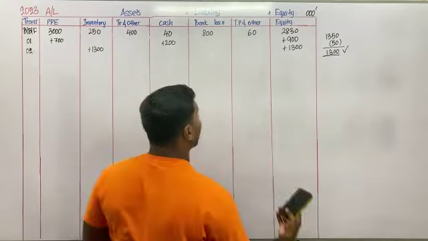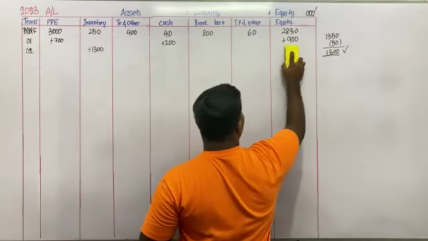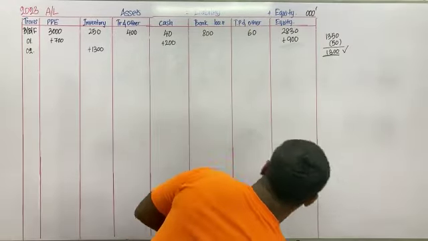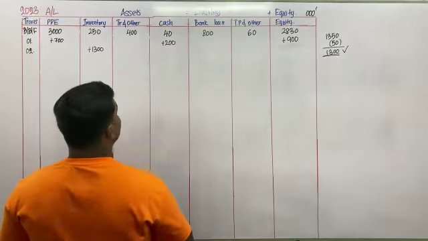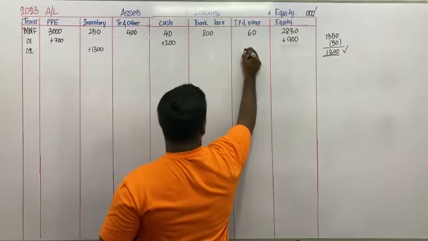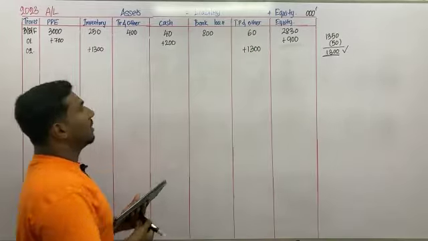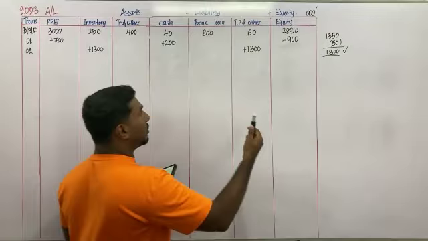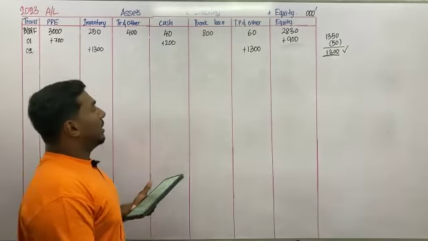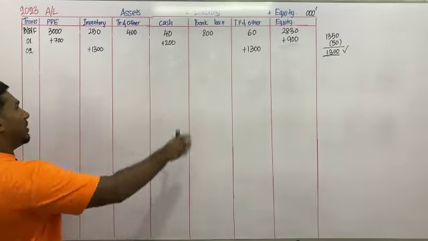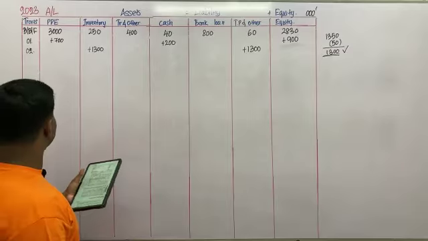My bad. I used liability on that side, so that's why it messed up. Okay, so yes, it needs to be here. I usually use liability on the right hand side, so that's why I always went to that side.